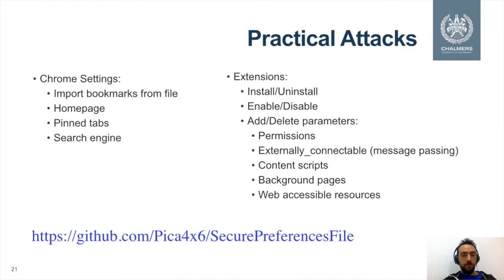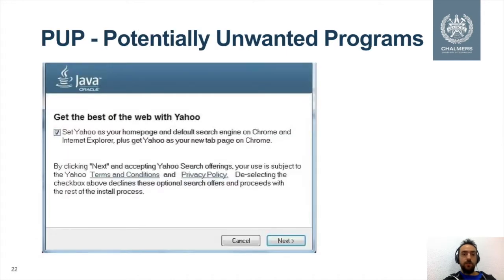Well, I think many people will remember this installation process, which basically belongs to Java, and at some point, if the user is not aware of the installation and is just clicking on the accept button and doesn't manually uncheck the checkbox, it automatically changes the home page, the search engine, as well as the web page when a new tab is opened.